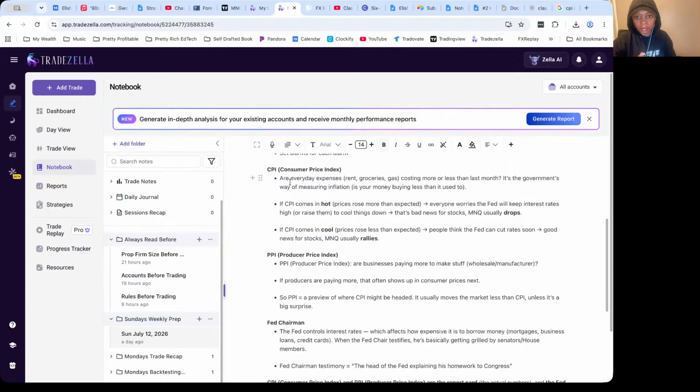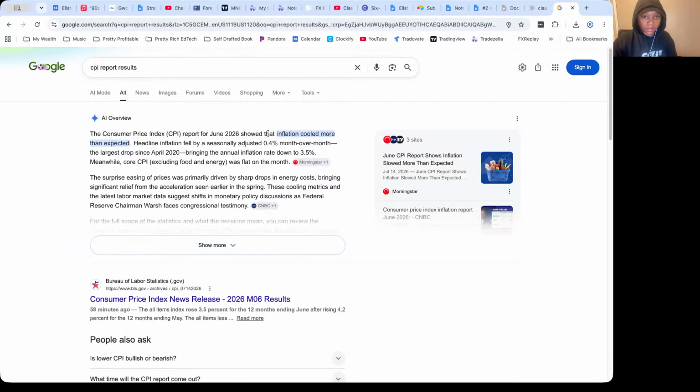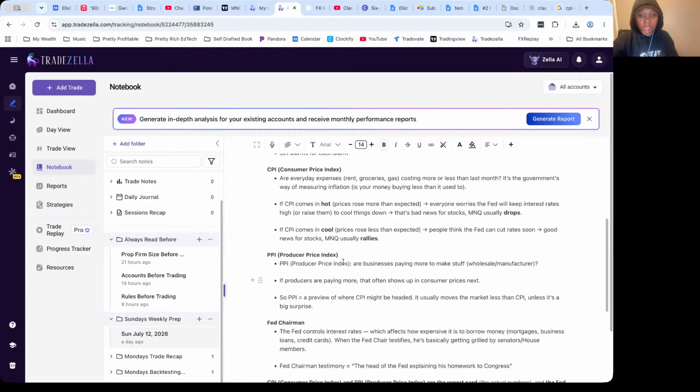Is your money buying less than you used to? So if CPI comes in cool, prices rose less than expected, people think the Fed can cut rates. Good for stocks and keeps rallies going. So when I looked up CPI, inflation cooled more than expected. Then we go back to the notes, and that means it cooled and queues a rally.